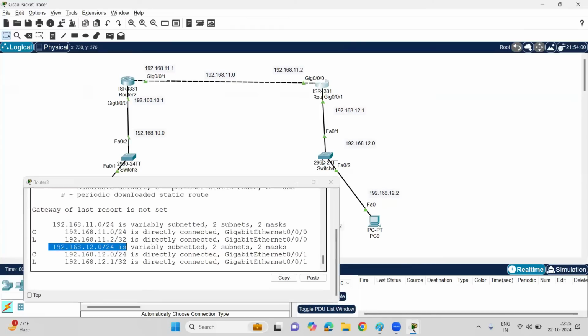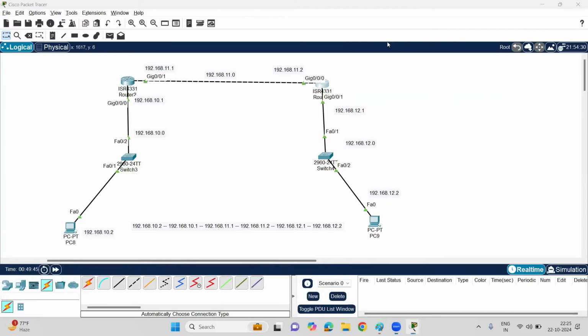So this router has information of this network and this network only. That means this router can forward the data only to the networks known to it. Clear?